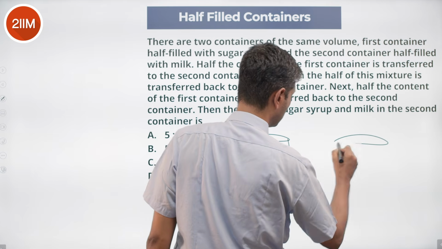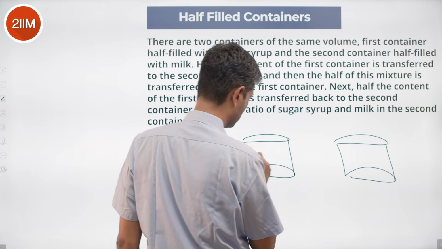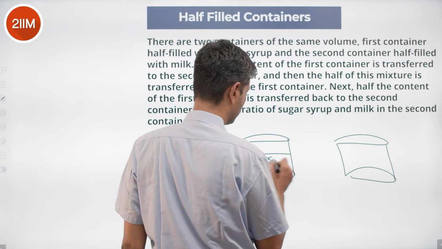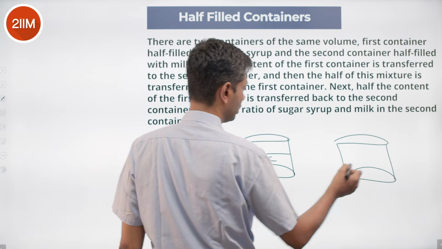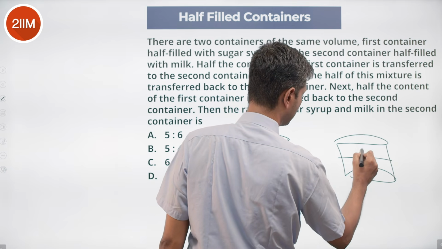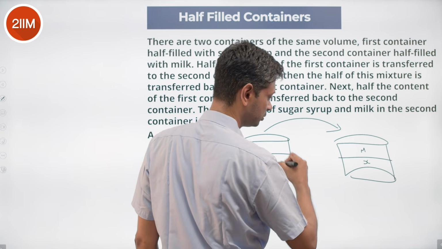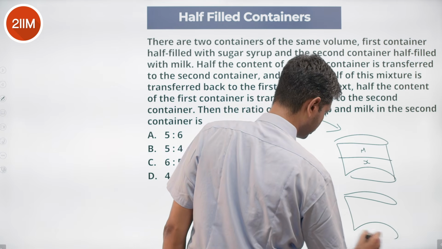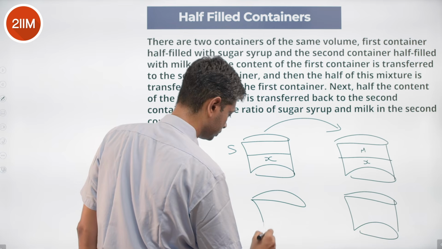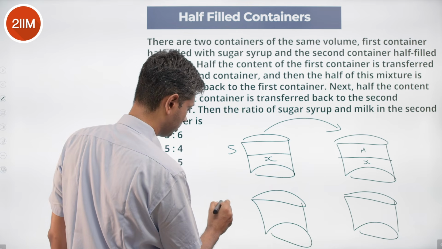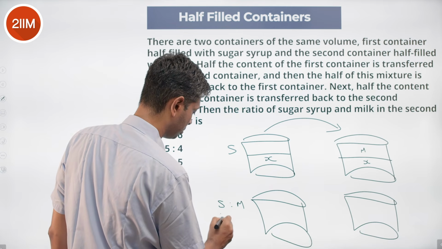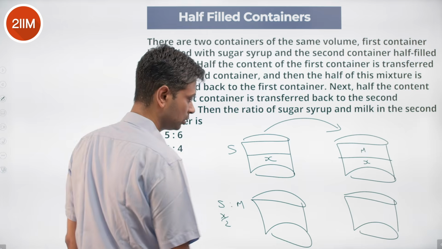Container 1, container 2. Let's say X of sugar syrup, X of milk. Then what do we do? We transition from here to here. At step 2, this will become sugar and milk. Sugar will become X by 2, no milk.